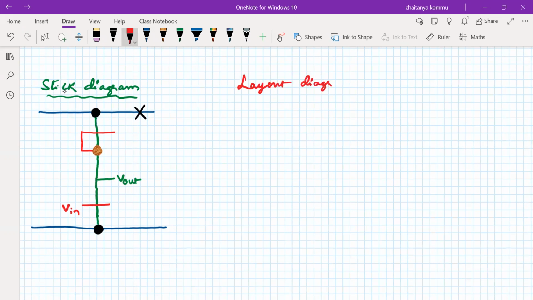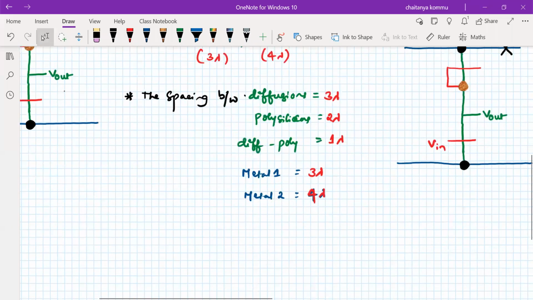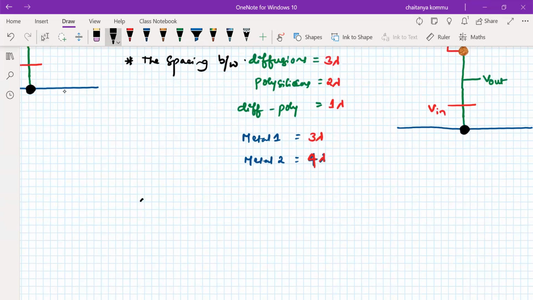Layout diagram. Okay, so what is required? Of course, contacts also, we'll write some contact related information. For contacts, what we have to do?